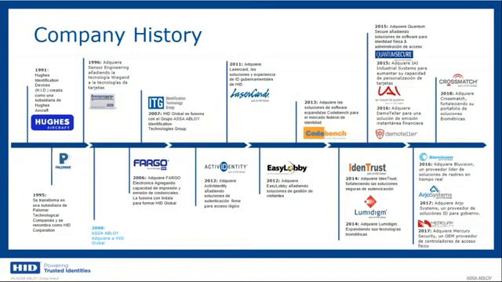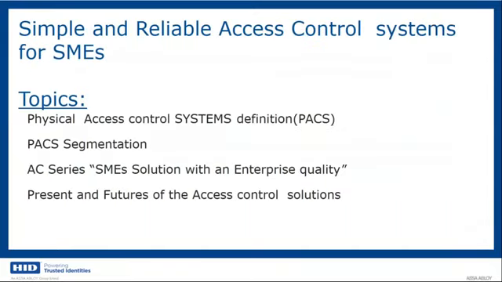the needs of our customers regarding the secure identities that they need to use day by day, okay? This is what we are going to look at today. We are going to talk a little bit about physical access control systems. What are those and how do we define them? We're also going to talk about the market and the segmentation of this market in physical access control systems.